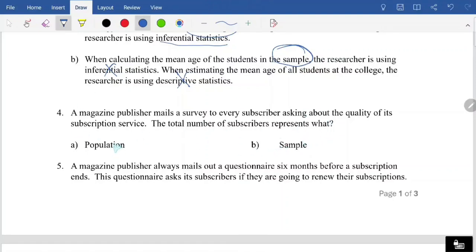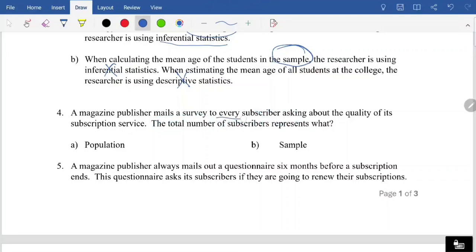So let's again read. For many of these questions in statistics, in fact, for every question in statistics, you should go over the verbiage, the question, multiple times. Once is not enough. You will need to read it at least twice to come to the right answer. So it says a magazine publisher mails a survey to every subscriber.